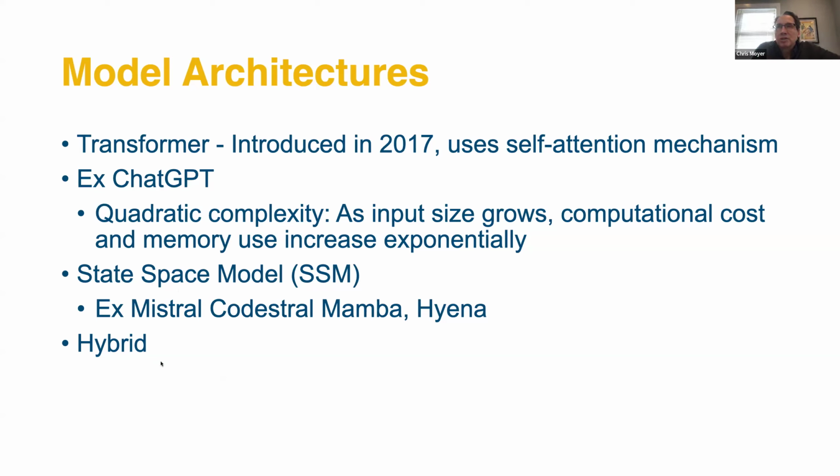There are hybrids between these two. So if there is a significant shift in these model architectures that gets rid of this quadratic complexity, I think the performance of these things is going to take a rocket ride and really dramatically improve. They're already very good, but they're going to get significantly better if they can get past this bottleneck.